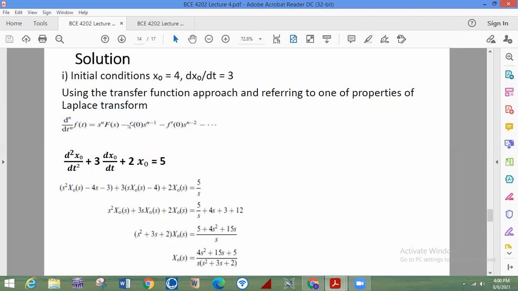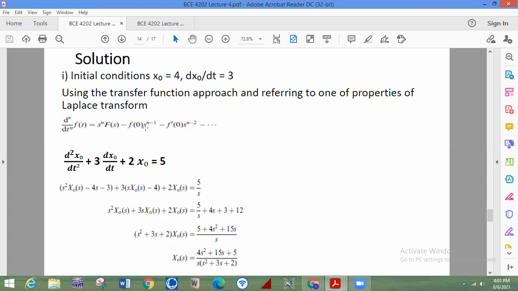Sorry, we apply this now. Let's see how it goes. It will be minus, first, s to the power n minus 1. In this case, what is n? n will be 2 because it is the second derivative. So it will be 2 minus 1, which makes it 1.